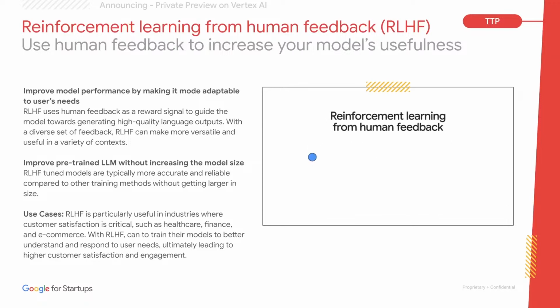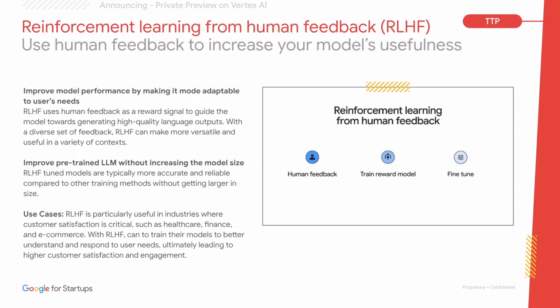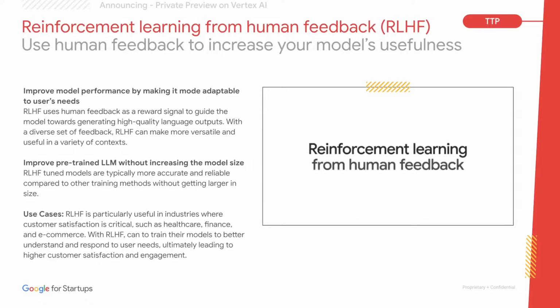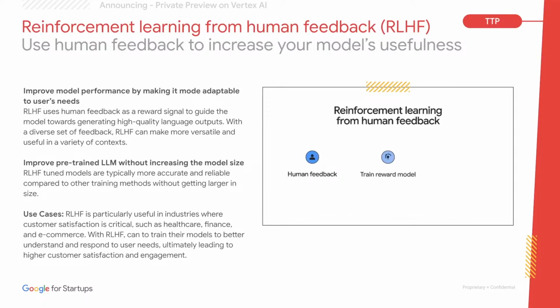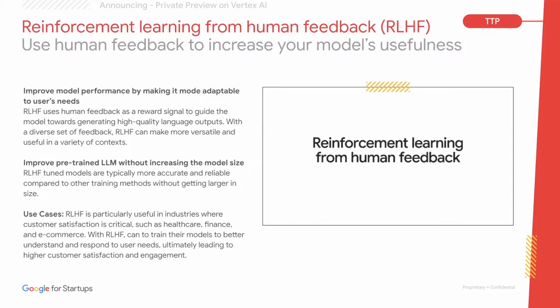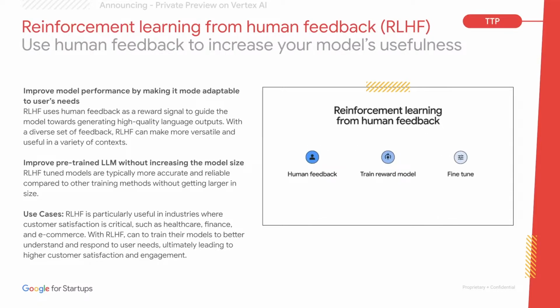Some of the ways that it can help, especially when you have edge use cases where you cannot change the model size, because large language models are huge, they're trained on billions of parameters, and they need a lot of compute and infrastructure to host these models, even to deploy these models. But you don't want a bigger model. On edge, you have limitations of capacity.